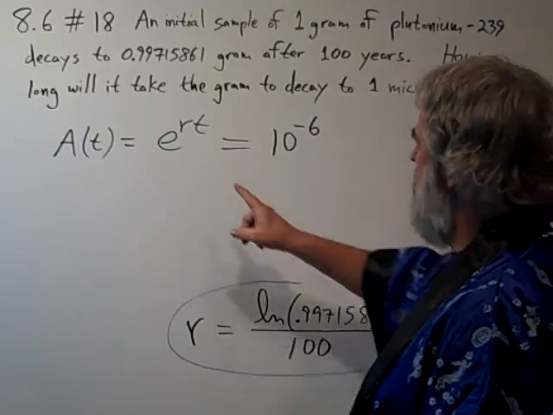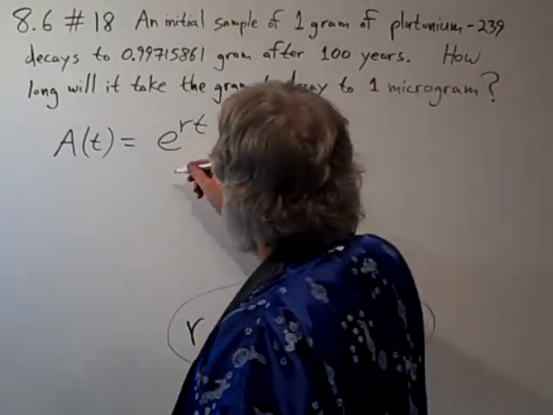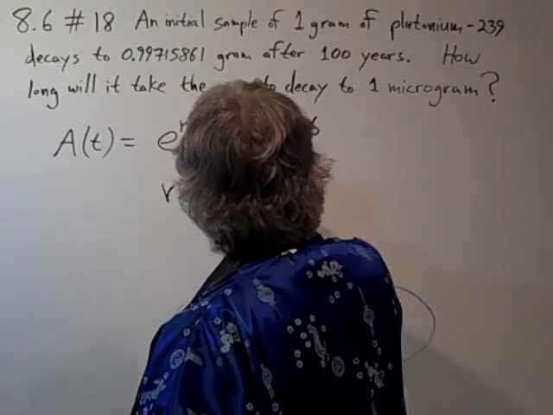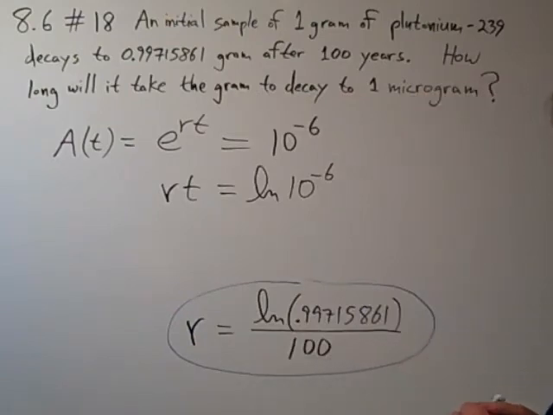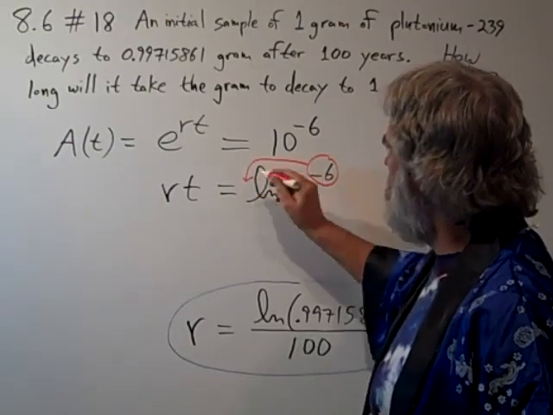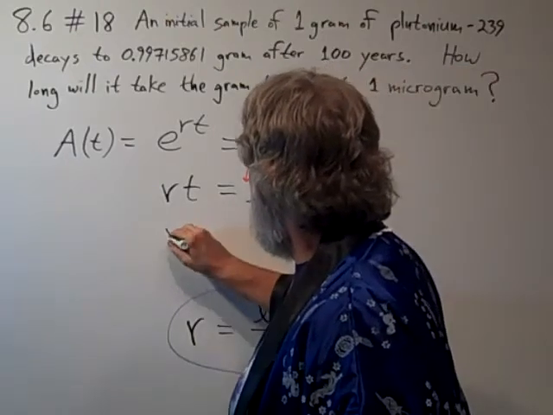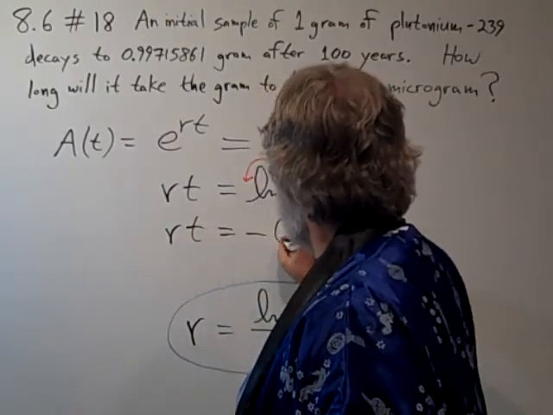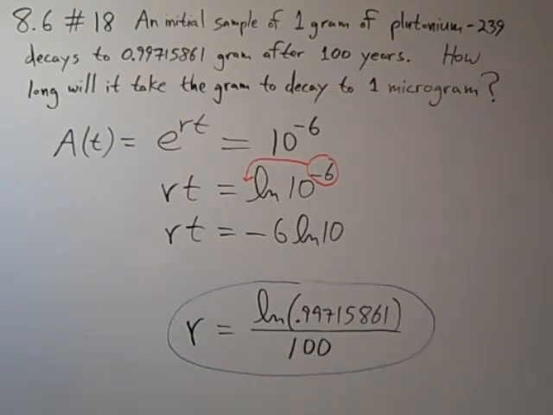So, take the natural log of both sides. The natural log of e to the rt is just rt, and that will be the natural log of 10 to the negative 6 power. But notice that we can bring that negative 6 down using the power rule for logarithms. So this could be written as r times t is equal to negative 6 times the natural log of 10. And now all I have to do is divide both sides by r.